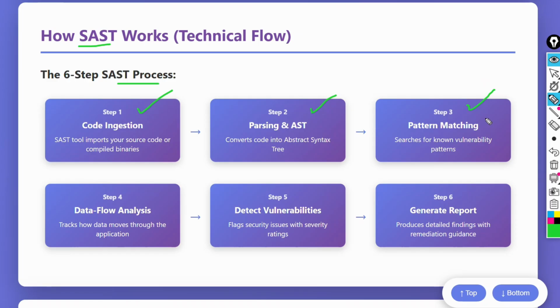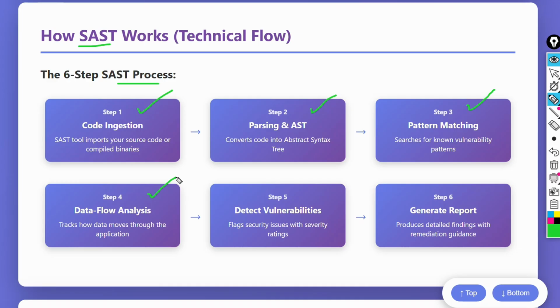Once the code is mapped, the tool searches for known vulnerable patterns. For example, it might look for insecure functions, unsafe API calls, or any bad coding practices that attackers use to exploit. So that pattern matching is done in the third step.